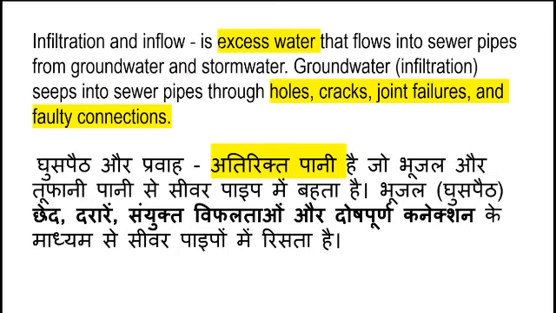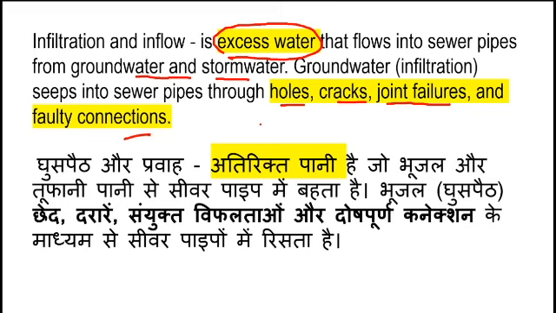So here the inflow or the infiltration means the excess water in the surface area that flows into sewer pipes, to which place, to the groundwater and to the storm water. So the groundwater infiltration happens through the pipes like holes, cracks, or joint failures and faulty connection.